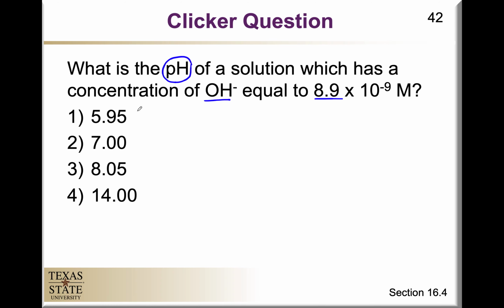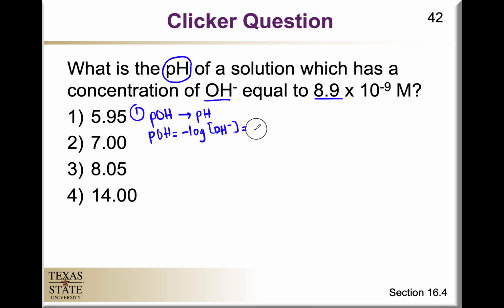Okay. So first method would be to calculate the pOH starting from the hydroxide ion concentration, and then from there find the pH. So to do this, first thing that we have to do is to calculate the pOH, and that is equal to the negative log of the hydroxide ion concentration.